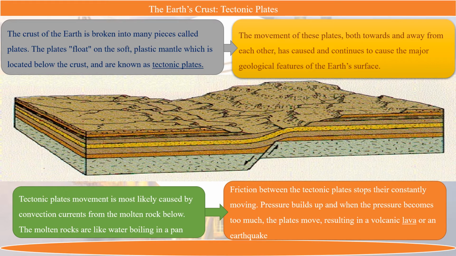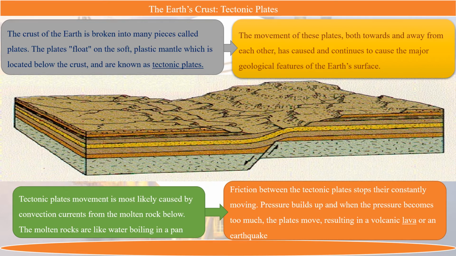These plates usually move along smoothly, but sometimes they stick and build up pressure. The pressure builds and the rock bends until it snaps. The movement of these plates, both towards and away from each other, has caused and continues to cause the major geological features of Earth's surface, such as mountains, valleys, and oceans.